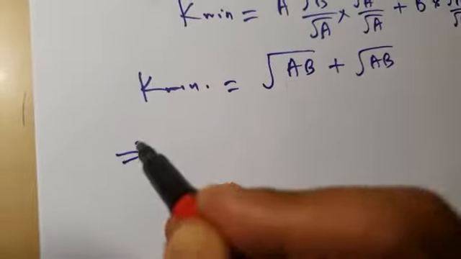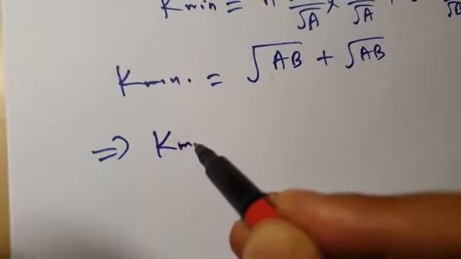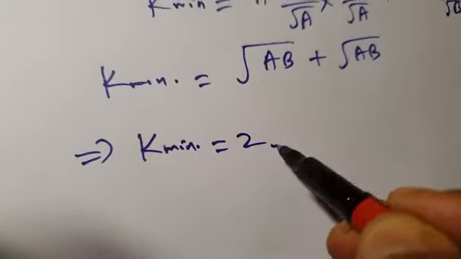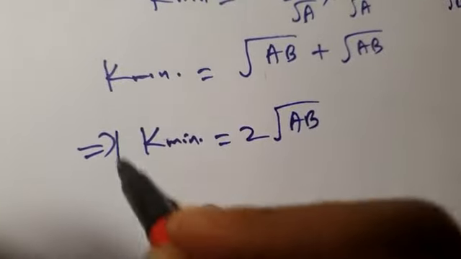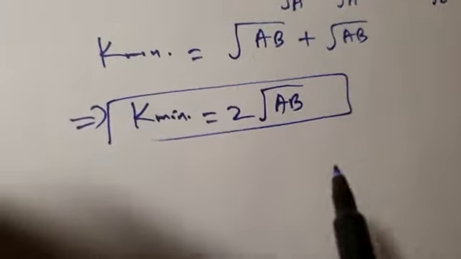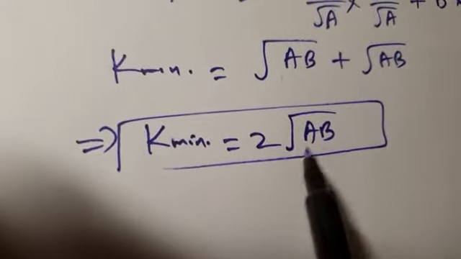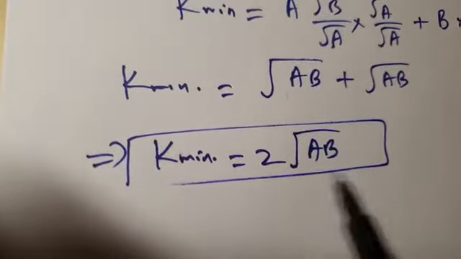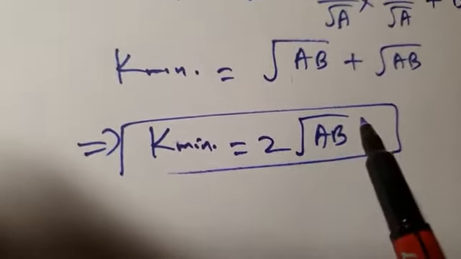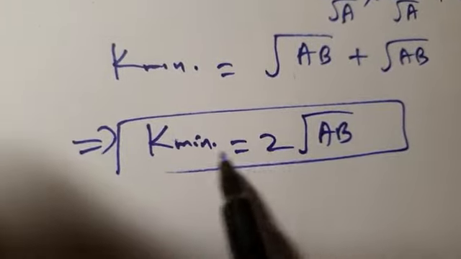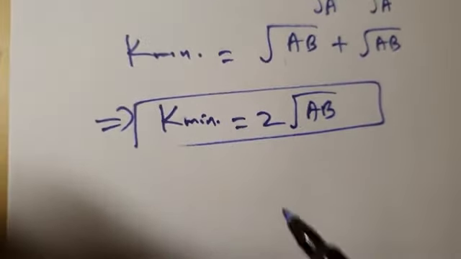Therefore the minimum cost of filter K min is equal to 2 under root AB. I know what is A, I know what is B. If I substitute A and B here and multiply, take the square root of that, and multiply that by 2, that will give me the minimum cost of filter.